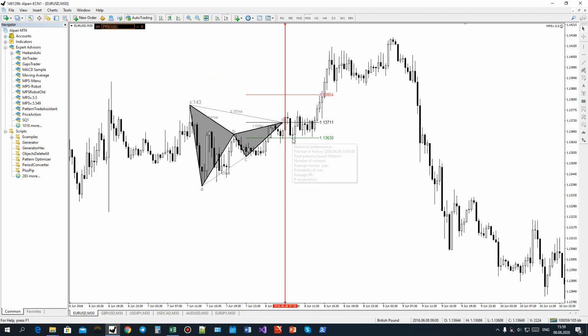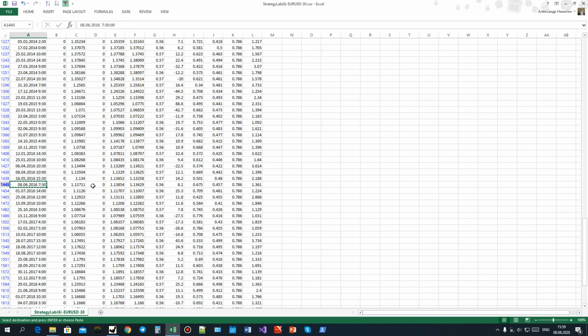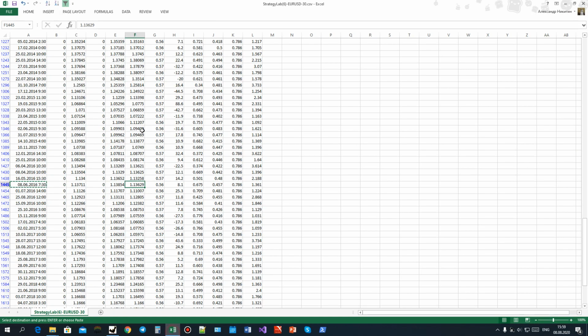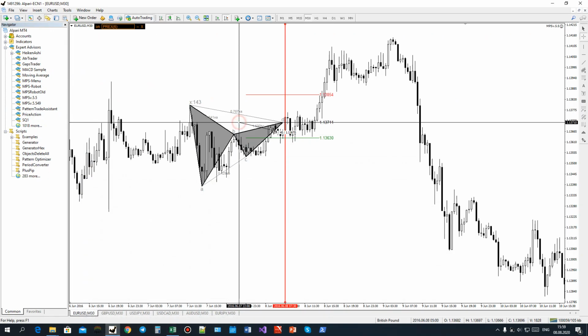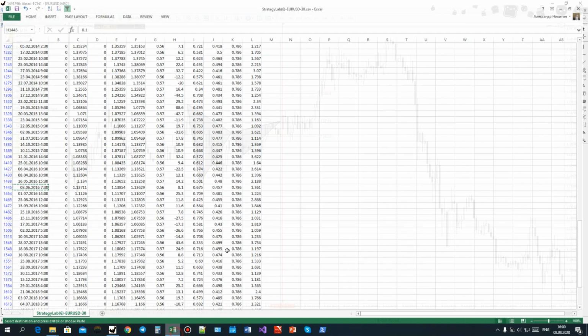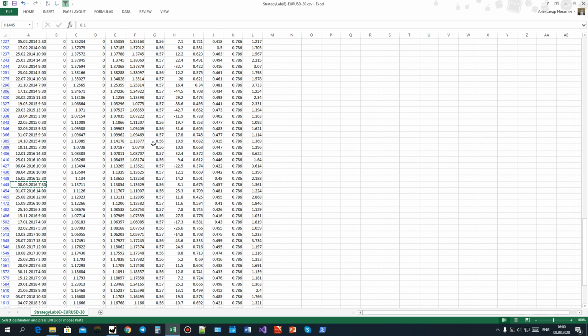The previous one was a loss, and this one was a winner. 1.13.33 was the target, so 1.13.62.9. Wow, it is pretty close, and the winner was 8.1 pips, and it says it was 8.1 pips. Okay, so you can see that these patterns are exactly those that MPS draws.